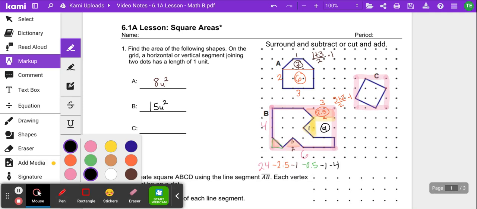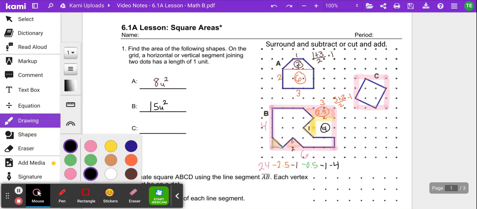And then I have the same triangle multiple times. So I'm starting off with 9, and then I'm taking off these triangles that are 2 times 1 divided by 2. So they're all 1s, and I have 4 of them. So 9 minus 4 times 1, so I get 5 units squared.